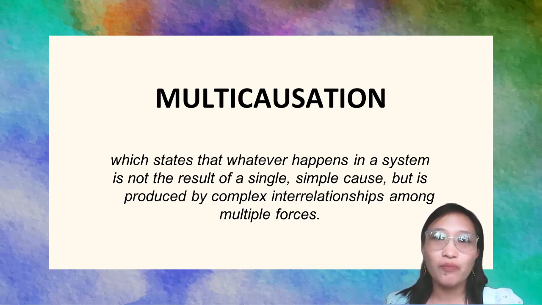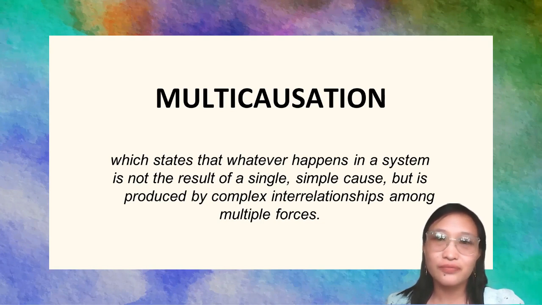In an open system, various elements or variables interact with each other, and their combined effects contribute to the overall behavior or outcome of the system. The behavior of the system is not determined by a single cause, but rather emerges from the interplay of multiple causal factors.